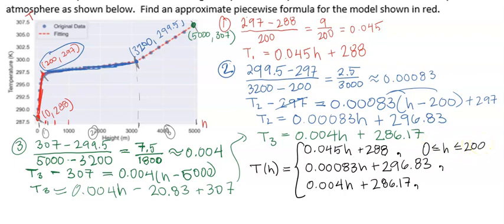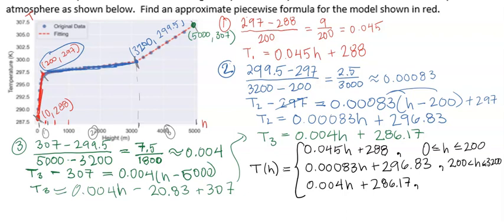The second piece went from 200 to 3200. And there's a choice that you get to make here about which one gets an equal to and which one doesn't. So for the 200, notice I included the 200 for the top piece of the equation and then excluded it for the middle piece.